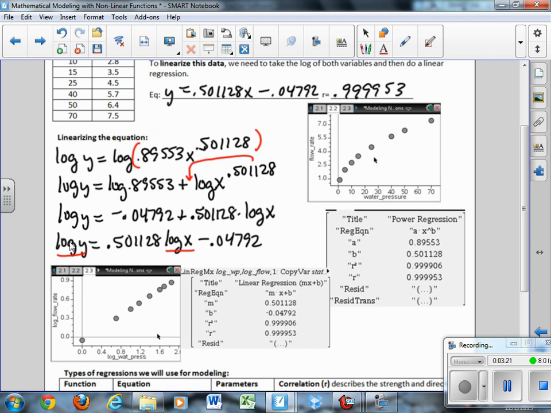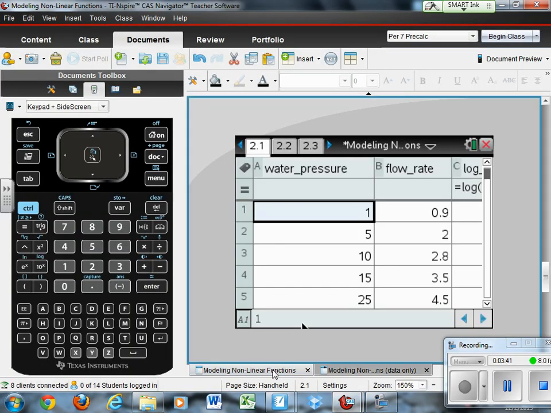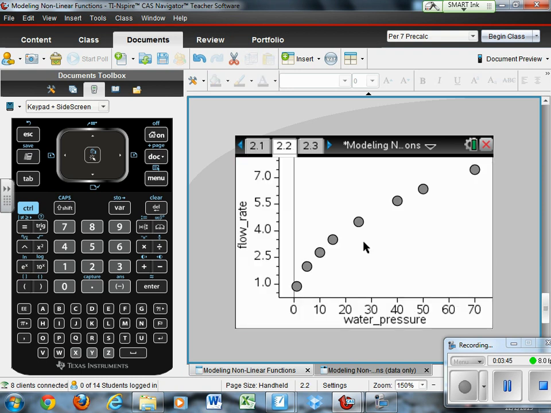So notice we have this in linear form. Here's the slope, here's the y-intercept, but instead of x and y we're taking log of x and log of y. So if I were to take log of both of these variables, the data is very straight. I'm going to show you this on my calculator here. There's my original graph between water pressure and flow rate.